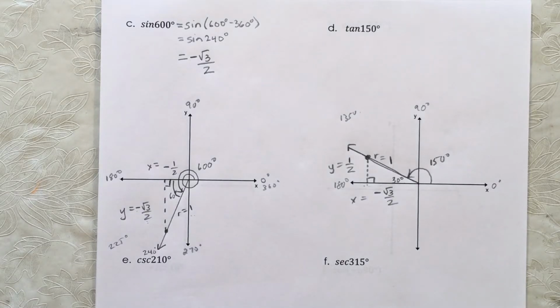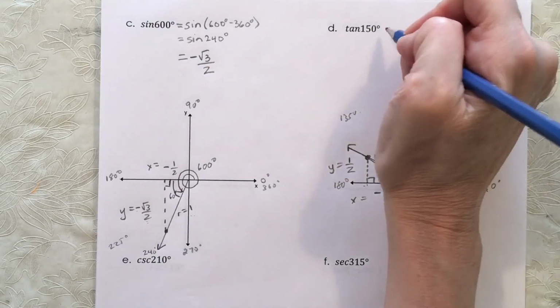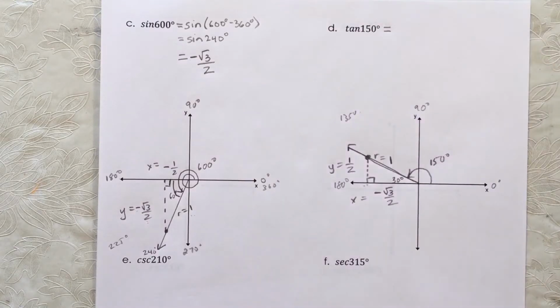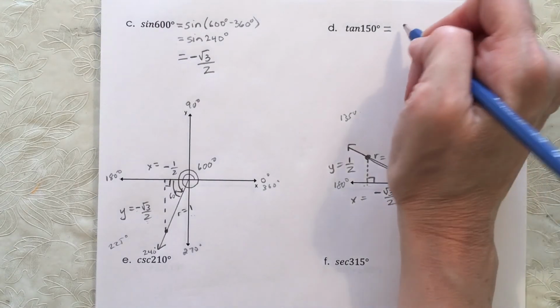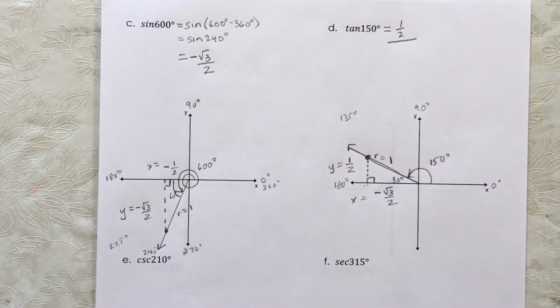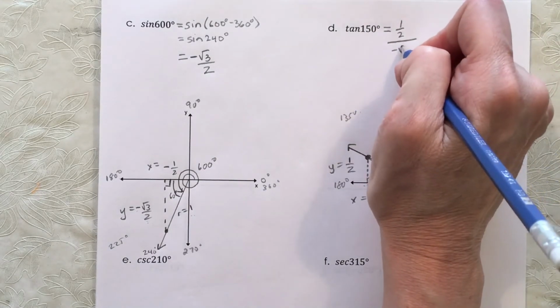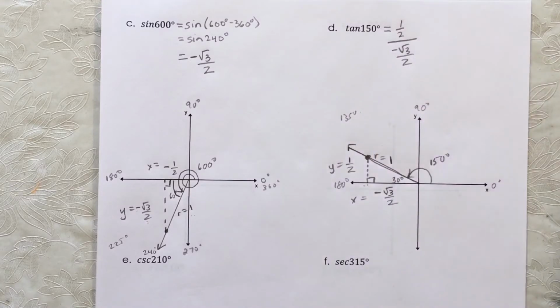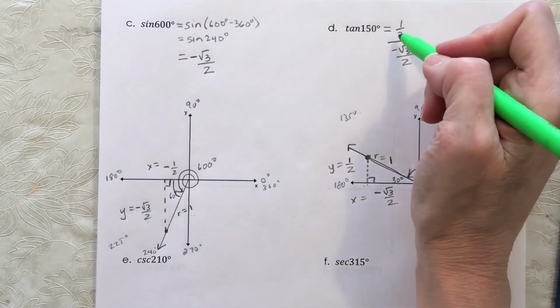So now we've got our three sides labeled, and tan is the y value divided by the x value. So the y value is 1/2 divided by the x value, which is negative root 3 over 2. The denominators cancel out.